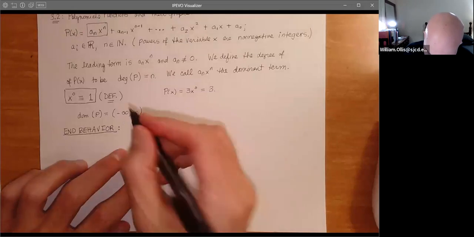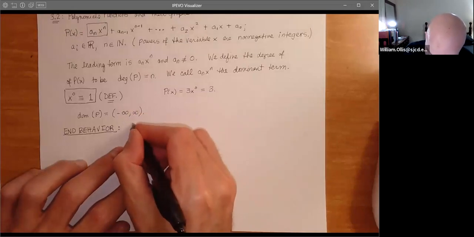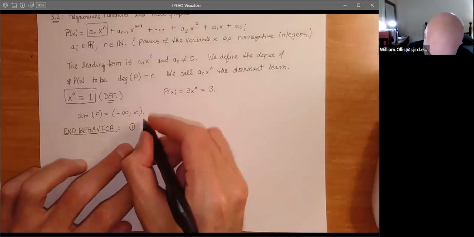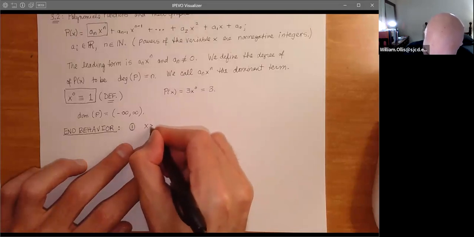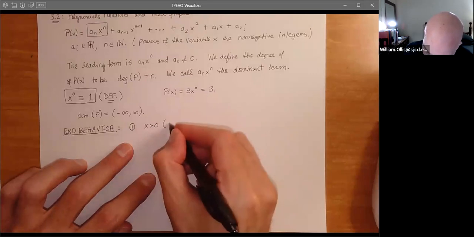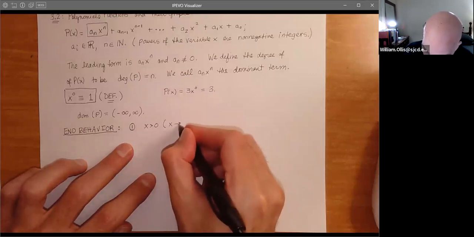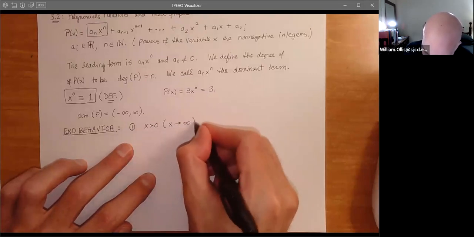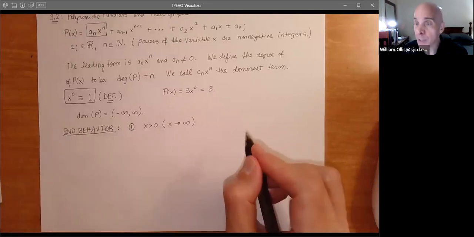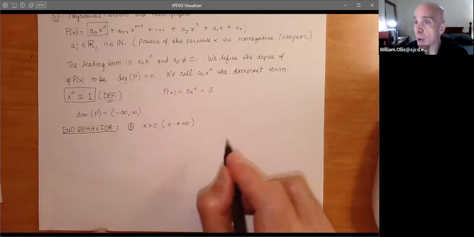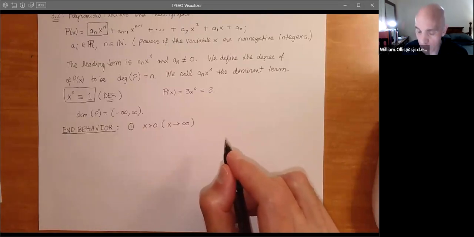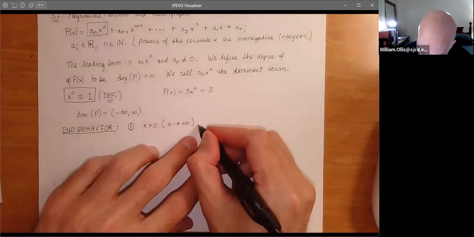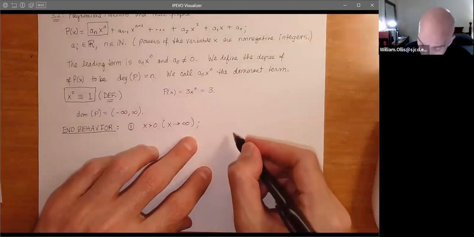So in the first case, we'll just say number one, x greater than 0. This is going to correspond to the case where x becomes arbitrarily large. So you just think of a number that's positive, 500 or something, or anything positive, it won't matter. And so we'll look at it this way.